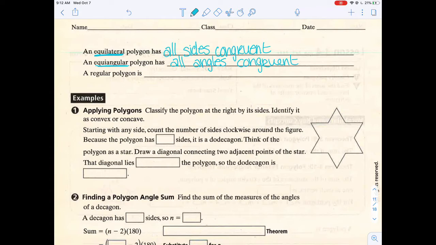Remember, equiangular means equal angles. And a regular polygon is both equilateral, so all the sides are the same, and equiangular, so all the angles are the same as well.